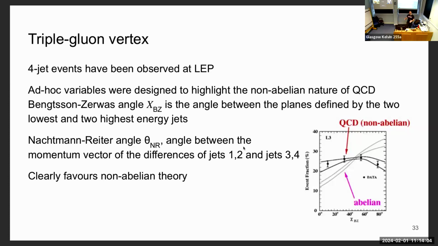So you can generate your simulation, saying, okay, with the black line I'm going to test if QCD is really non-abelian. With the gray, I want to prove that QCD is wrong, and so I do it with abelian. You can actually see that the full dots agree well with the non-abelian simulation. So that is confirmed experimentally. It's obviously a great relief that QCD still works.